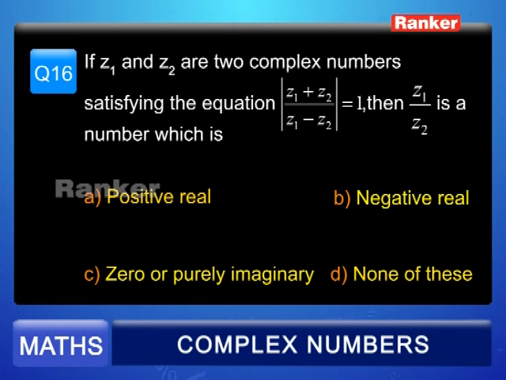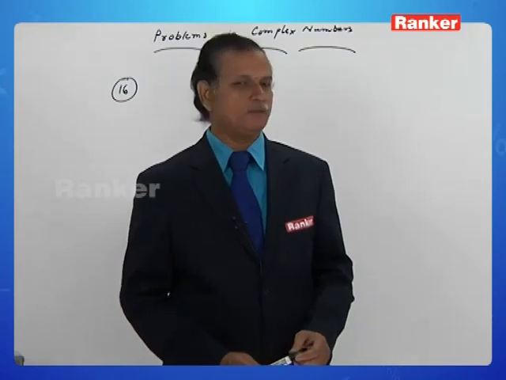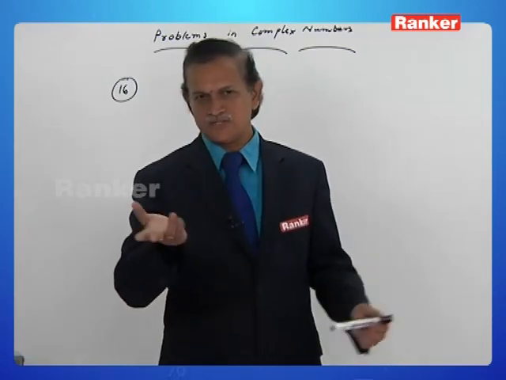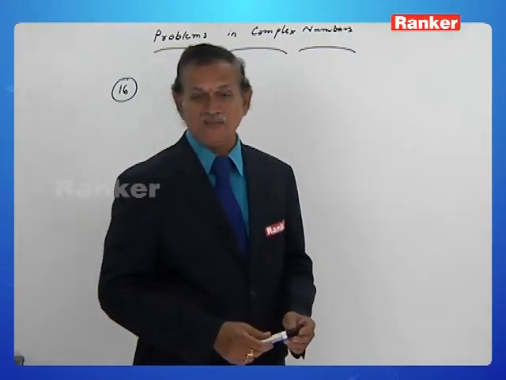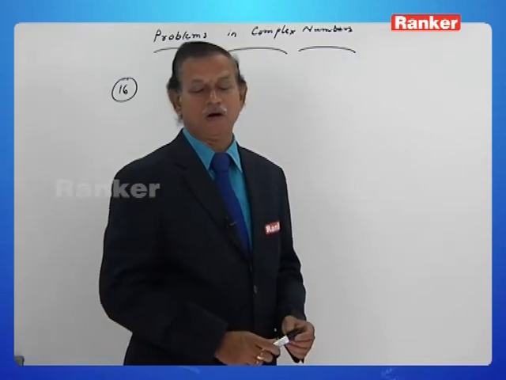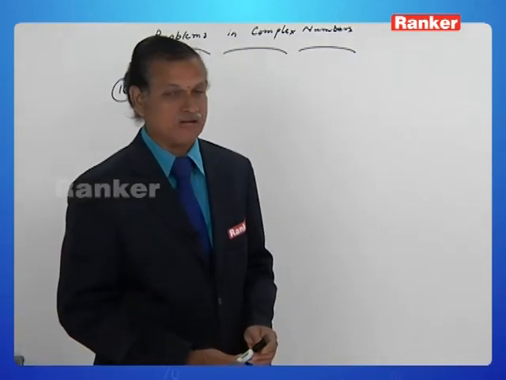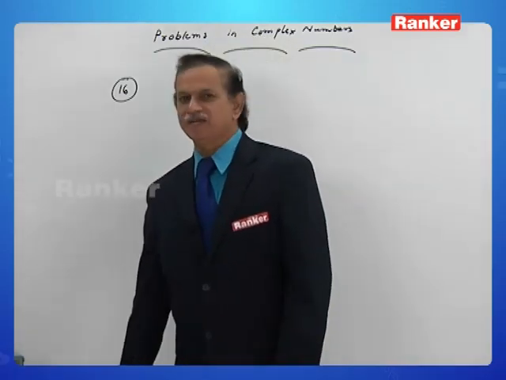These are the four options. In the present question, he has given us information about two particular complex numbers z1 and z2, satisfying mod of (z1 plus z2) by (z1 minus z2) equal to 1. Then what is the character of z1 by z2?